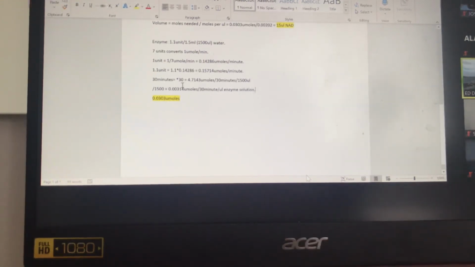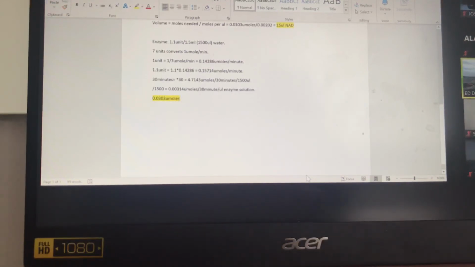So as we know that enzyme is equally distributed across those 1500 microliters, if we take 1 microliter out and stick it in a reaction mixture, we can convert that number of micromoles in half an hour. Okay, so 1 microliter isn't going to do it because this value is smaller than the maximum number of phenylalanine micromoles we have.